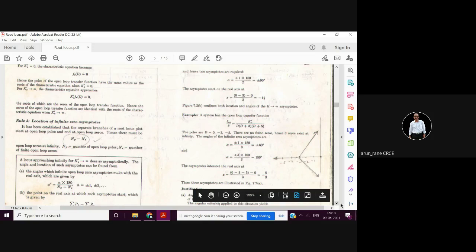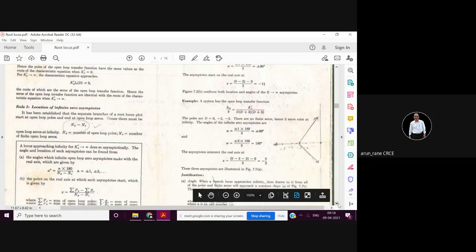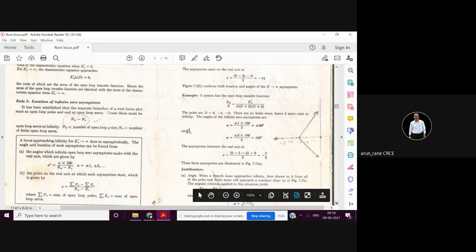So how to find the location of infinite zero asymptotes? Where to locate asymptotes on the real axis? The angle of the asymptote is given by this formula, and its location is given by this formula.